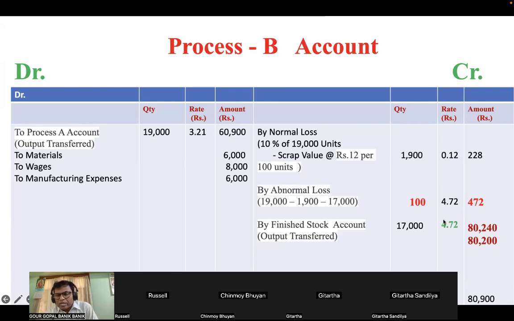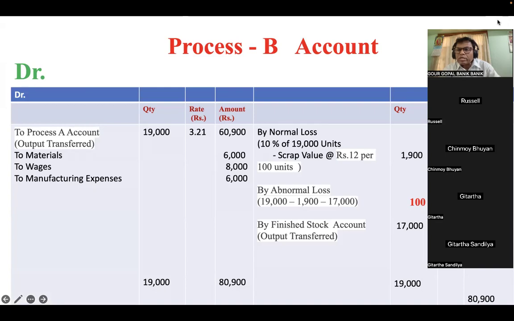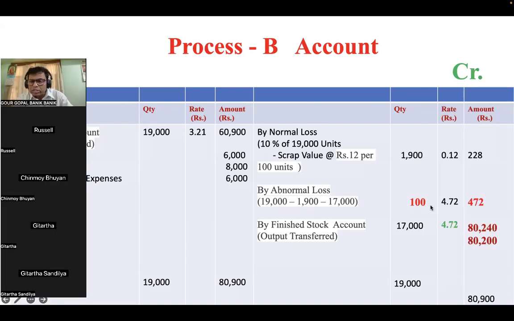Now, dear friends, a point to be noted: if 17,000 is multiplied by 4.72, you get 80,200. But there is some approximation error. That's why, if you take 17,000, this total won't tally. So you have to compromise. I put two figures.